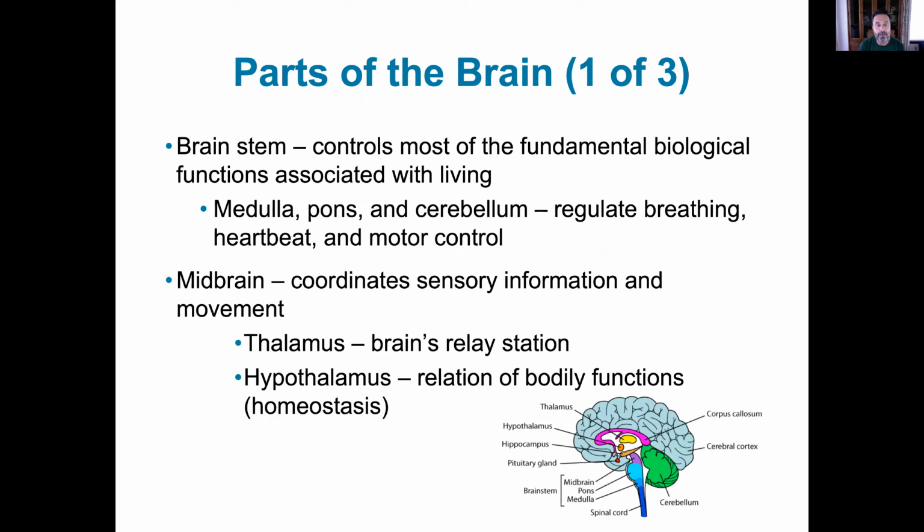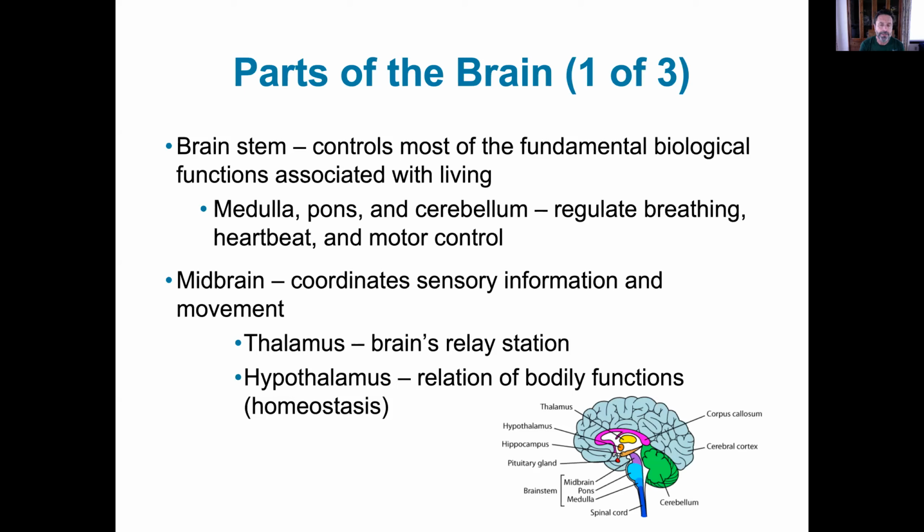The brainstem is that part of the brain that's right here that goes right down into our spinal cord on the back of our necks. And this is basically where it controls some of the more fundamental breathing, heart rate, all of that kind of stuff, and basic motor control occurs right through this area.